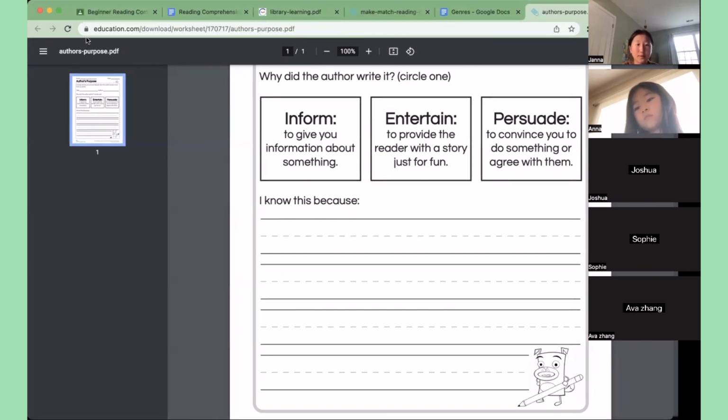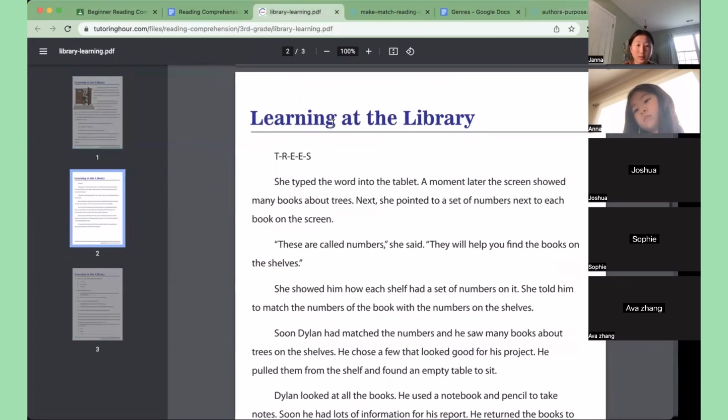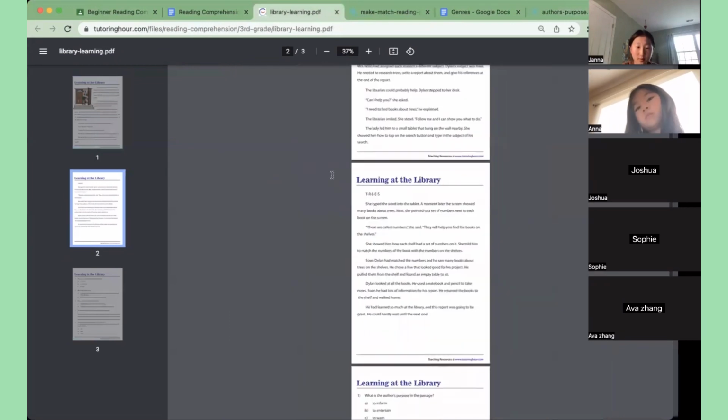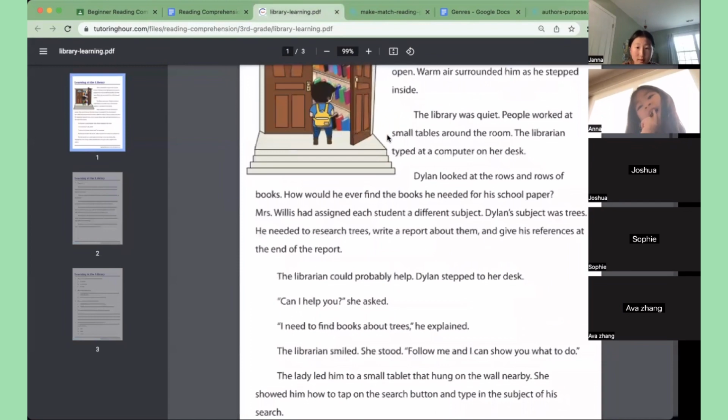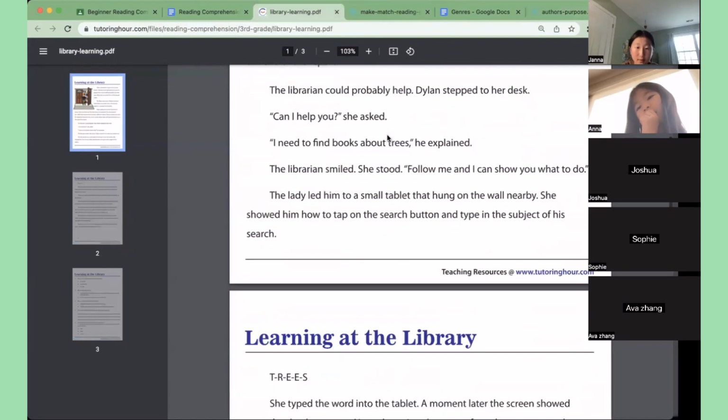And if you want, I can go back to the story if you guys want to see that again. Okay, so Anna said entertain. What about everyone else? What do you guys think?